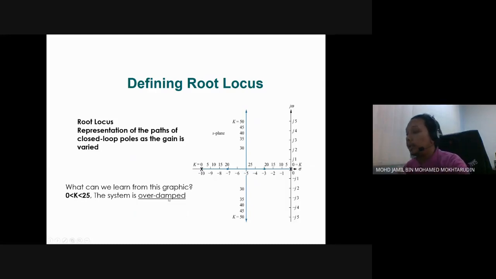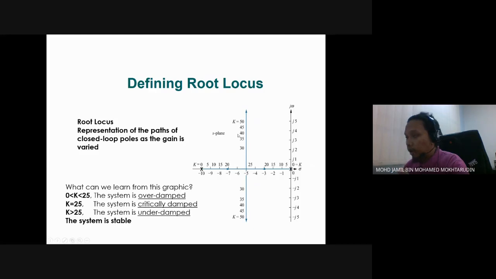To prove this, you can plot the time response for each transfer function when you have poles or gain on this line. When K equals 25, at this intersection, the system is critically damped. And for K bigger than 25, which is on this line, the system is underdamped.